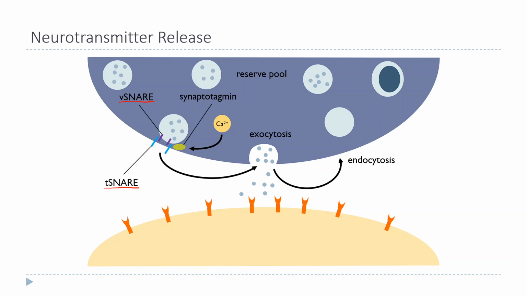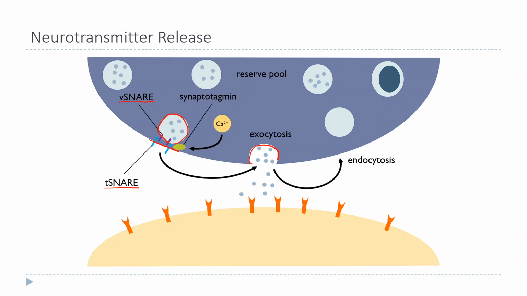But there's another protein called synaptotagmin that's part of this complex, and it is sensitive to calcium. When calcium concentrations go up, the synaptotagmin protein binds to calcium, and that triggers a reaction between V-snare and T-snare, causing them both to shift such that the vesicle fuses with the membrane. Here's the membrane of the vesicle and the membrane of the presynaptic terminal, and synaptotagmin activation triggers those two to fuse.